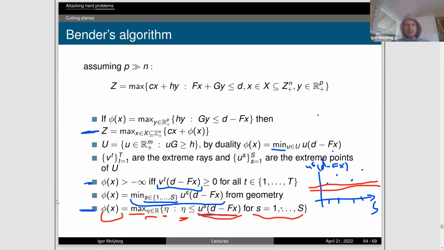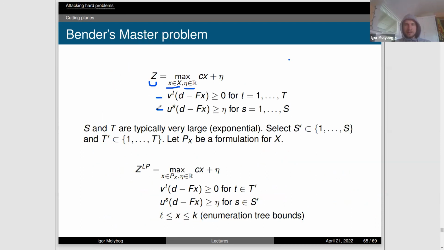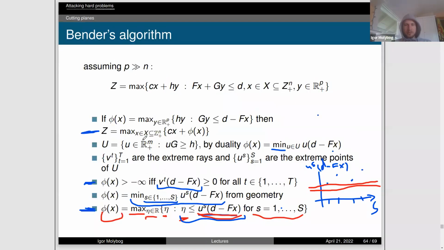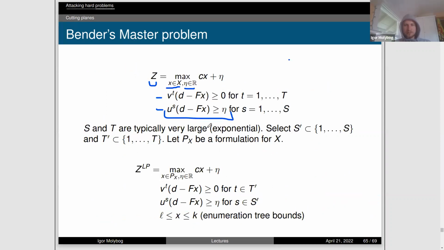Basically, it's these constraints to say that phi of x is greater than minus infinity, and it's these constraints over here that correspond to this constraint over here, right? And we have put it in instead of the definition of phi of x.